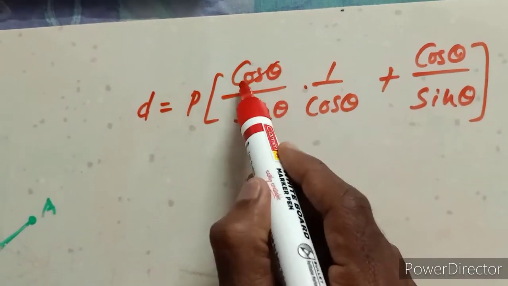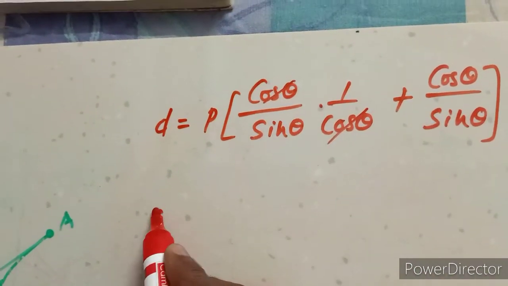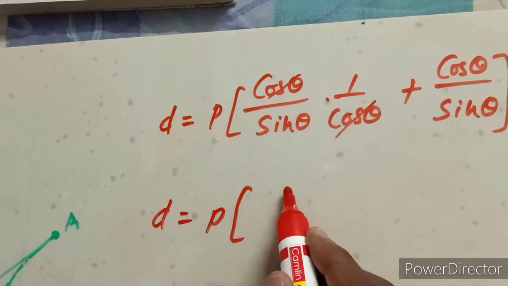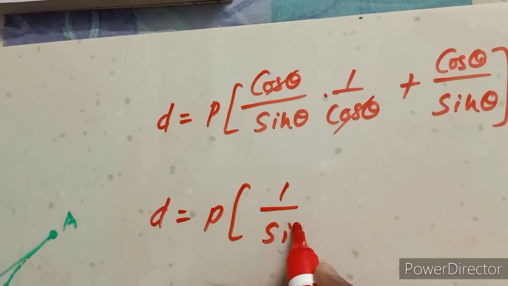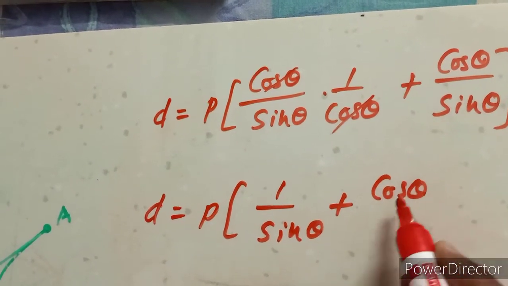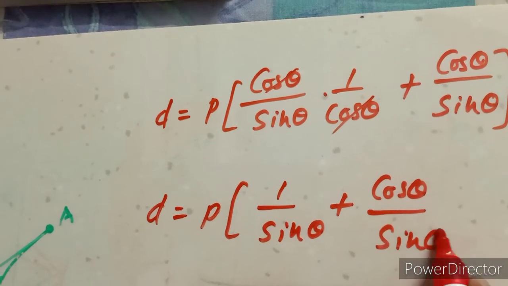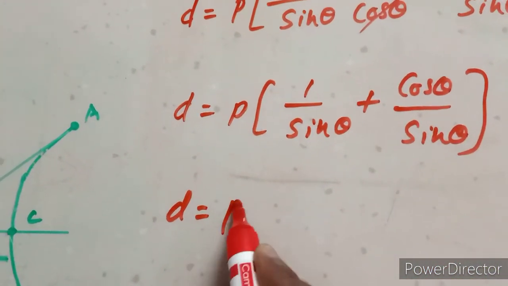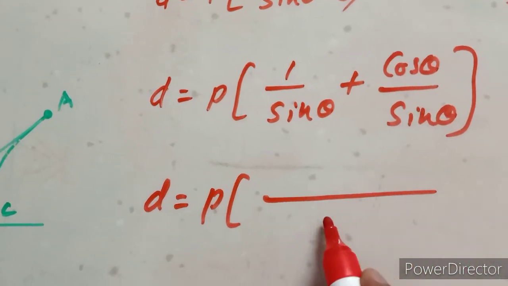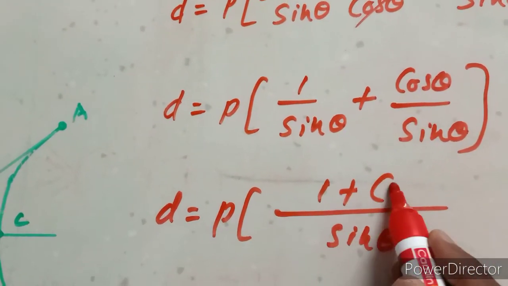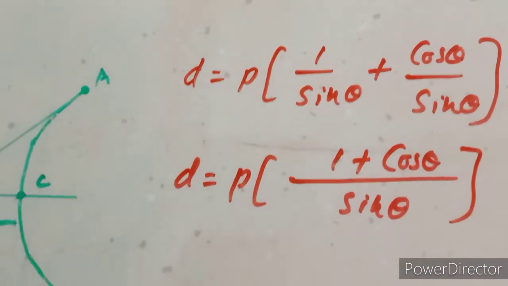In this equation cos theta is cancelled, remaining D equals P into 1 upon sin theta plus cos theta upon sin theta. D equals P into, this is the LCM, sin theta, 1 plus cos theta.